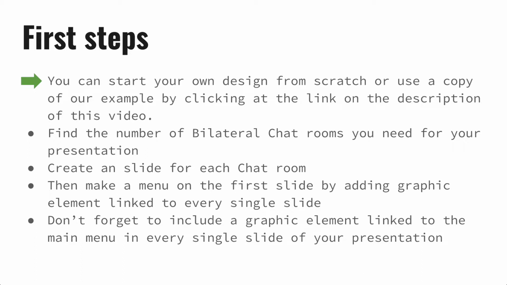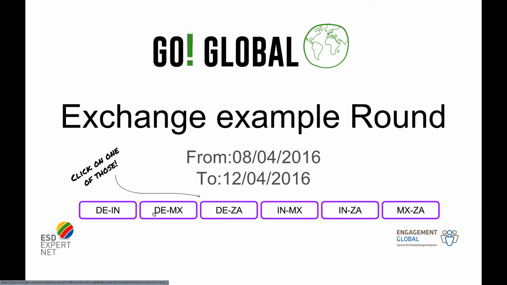In case you want to start from scratch, or even if you are using our example, you always have to find how many bilateral chat rooms you need to have in your presentation. In our case, for 4 countries, we have 6 different bilateral chat rooms, if we would like to call them that, in our presentation.